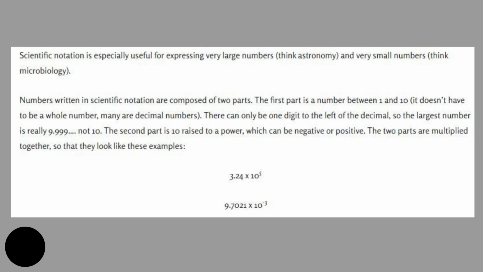There can only be one digit to the left of the decimal, so the largest number is really 9.999, not 10. The second part is 10 raised to a power, which can be negative or positive. The two parts are multiplied together so that they look like this example.